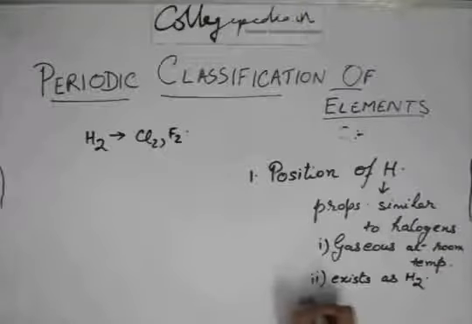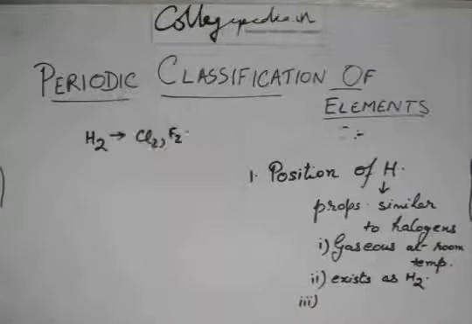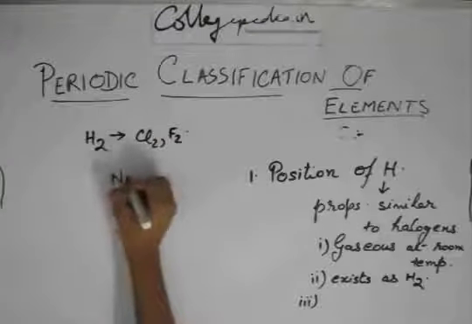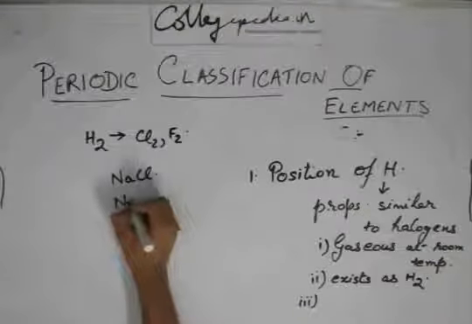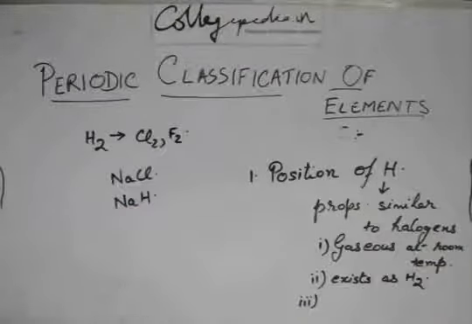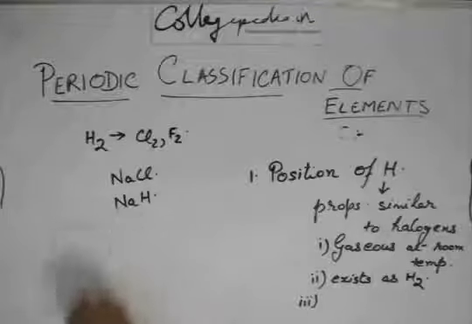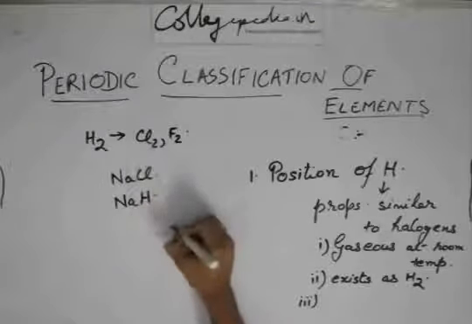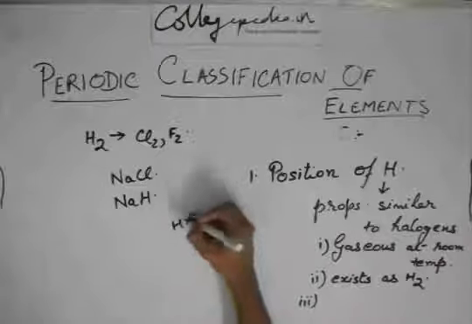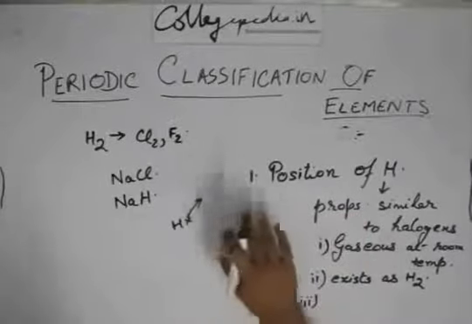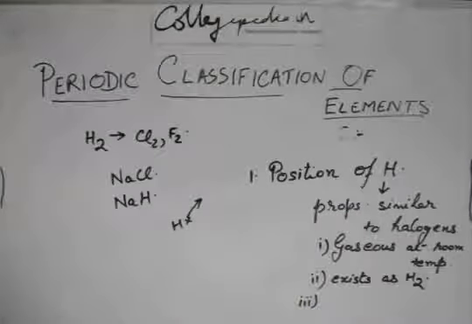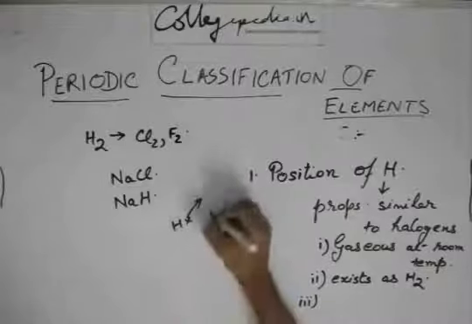And the third is that it has properties similar to this. Like you have NaCl, you might not have heard of this compound, but you also have NaH. A very odd type of compound, you might be thinking, but it perfectly exists because hydrogen has one electron, so it can give away this electron, as it does in HCl (or in HCl it's just sharing again), and become H plus.